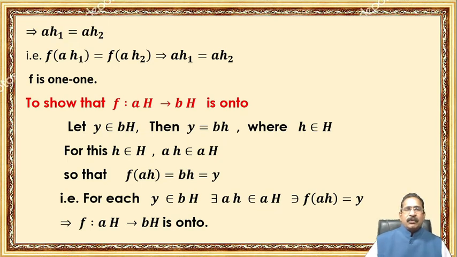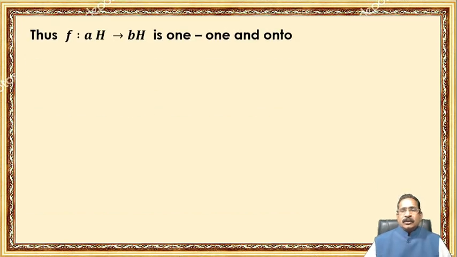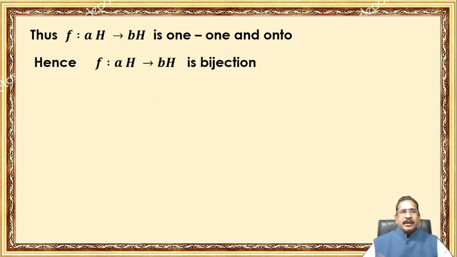So f is one-one and f is onto. Then we conclude that f is a bijection. What is the one-to-one correspondence between two cosets?